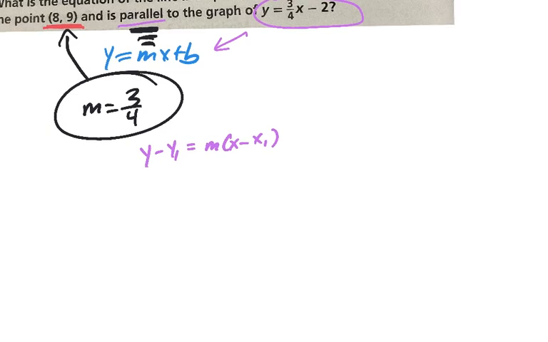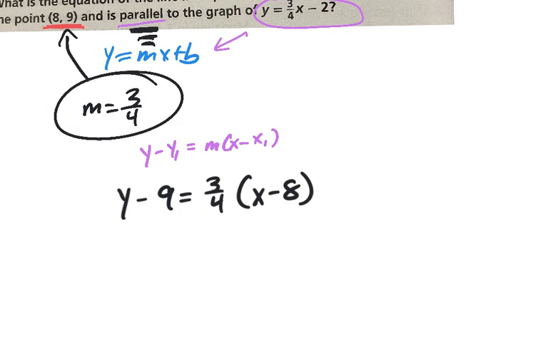Substituting in, that would give me y minus 9 equals 3/4 times x minus 8. Everybody still with me? Stop me if you're confused.